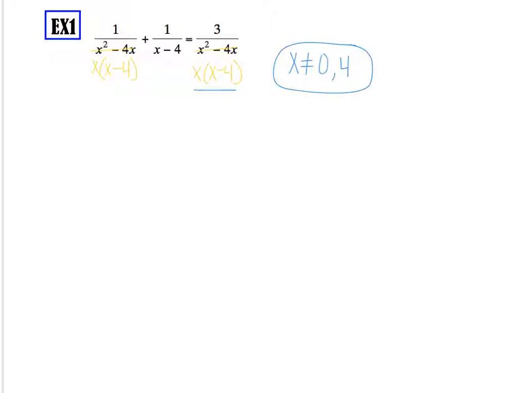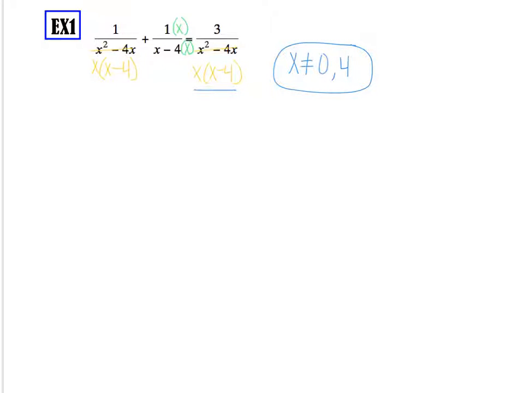All right, so my third question: what, if any, parts of the common denominator does each fraction need? My common denominator, we said, is x times x minus 4. So this one has both parts, and this has both parts. This one just has the x minus 4, so it needs the x. When I multiply by the bottom, I need to multiply the top as well. So right now, these three fractions have the common denominator.